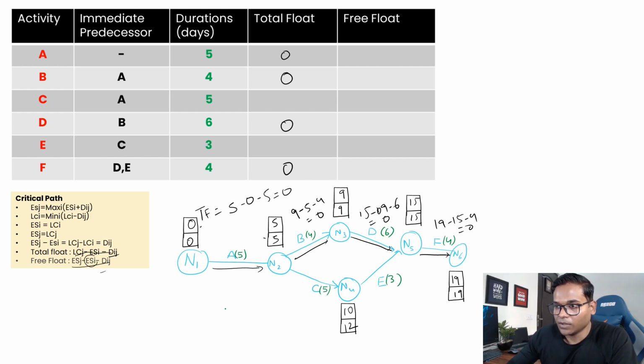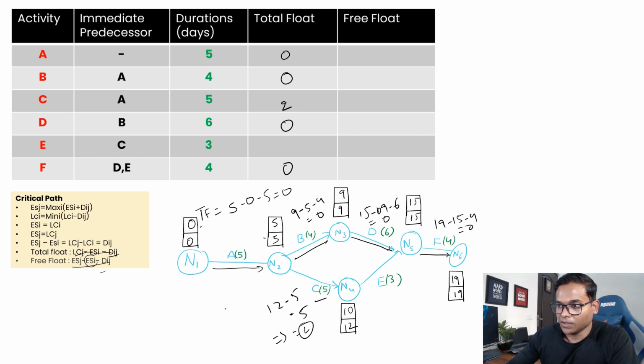Now if you come to calculate for C, LC is 12 minus ES is 5, minus duration is 5, so it's going to give you 12 minus 5 minus 5, this is 2. So total float for C is 2.